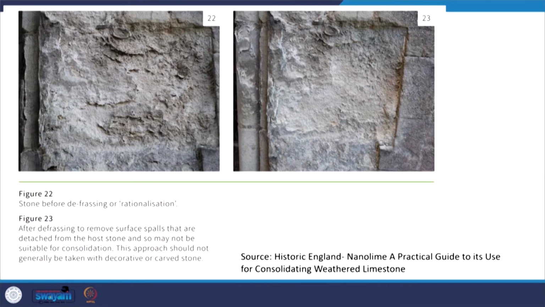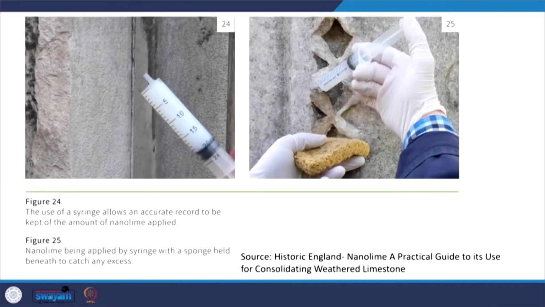We cannot take the same approach on a decorative or carved stone, because it completely takes away the whole aesthetic nature of it. This is the very first step. Then we also have to consider the biological ingredients in it, because tomorrow they may cause further damage, so we may have to treat and clean that first.